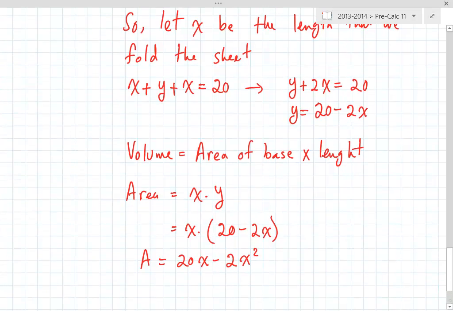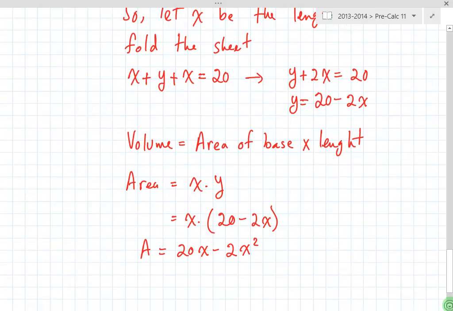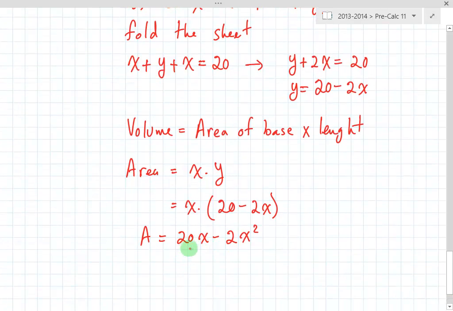Now we need to maximize this. We want to find out where the maximum of this 20x minus 2x squared happens. And when we find out at what value of x this becomes maximum, then we can find out how much of the sheet we need to fold up. So to maximize this, we need to see it as a quadratic function. This is a quadratic function, f of x, which is equal to 20x minus 2x squared.